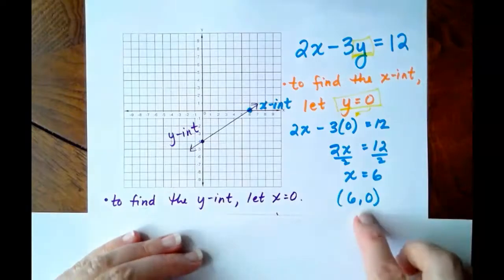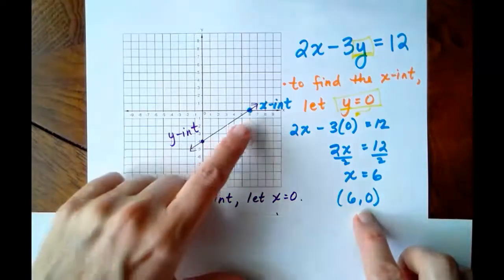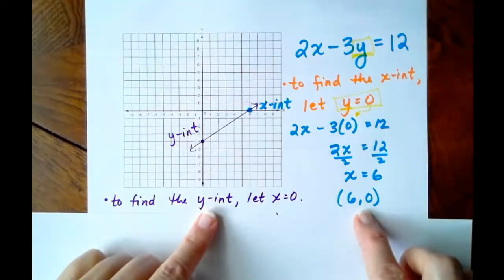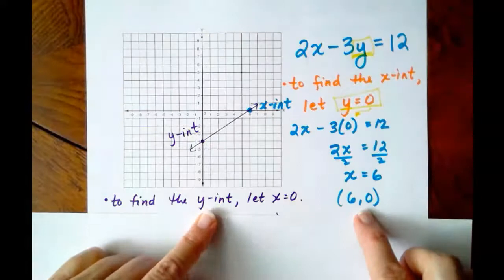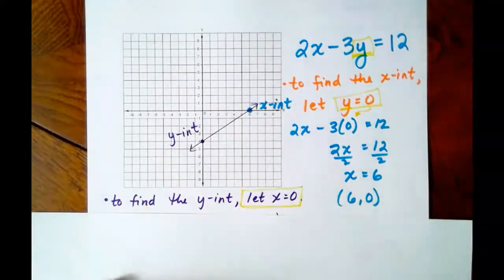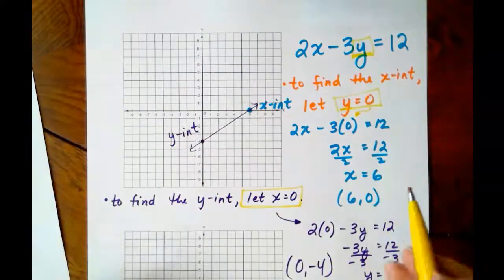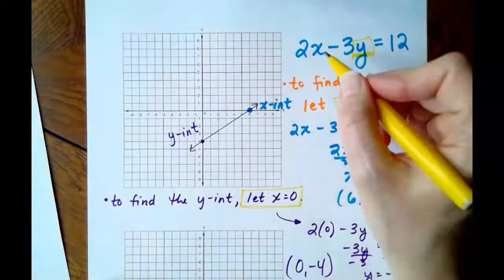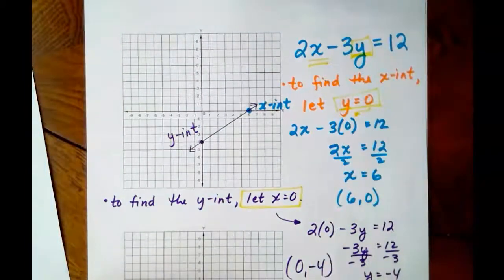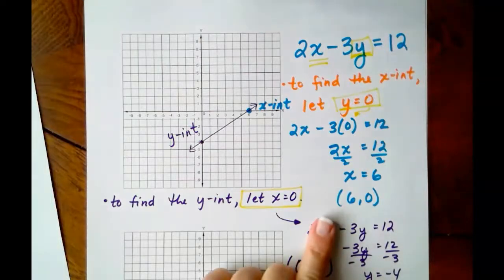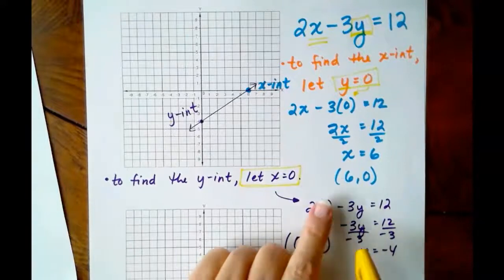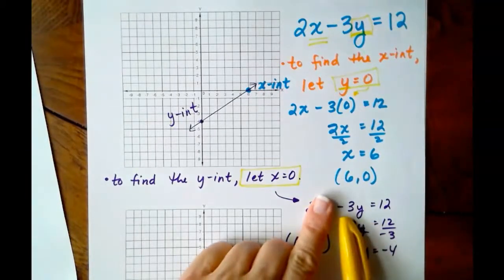So our x-intercept is at (6, 0), which I have already graphed. We can do the same thing to find the y-intercept, except now we let x equal 0, using the same equation. Just cover up the x and look at what's left: negative 3y.